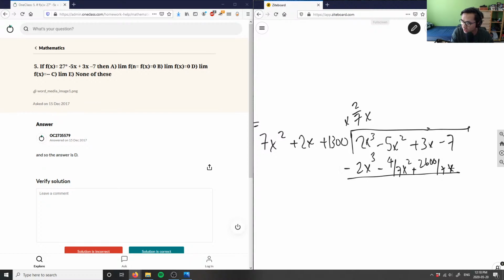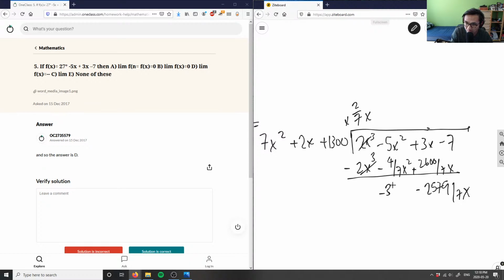I'm going to do this division, and I hope this helps out. So this cancels out here. I have 3x minus this guy here. So 3 minus that number would give me not a great number, actually. I get negative 2579 over 7 x, and then negative 5 plus 4 over 7 here. So negative 5 plus 4 over 7.